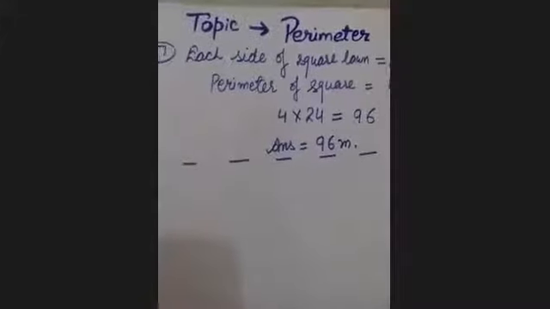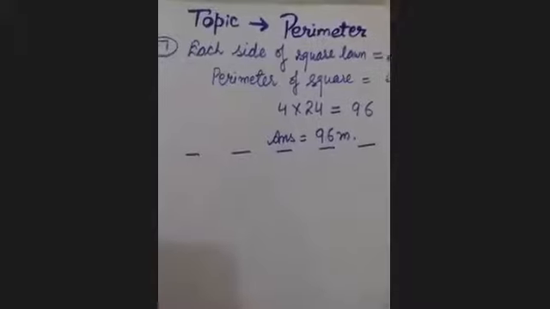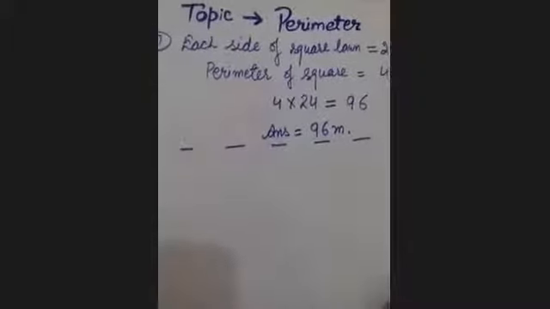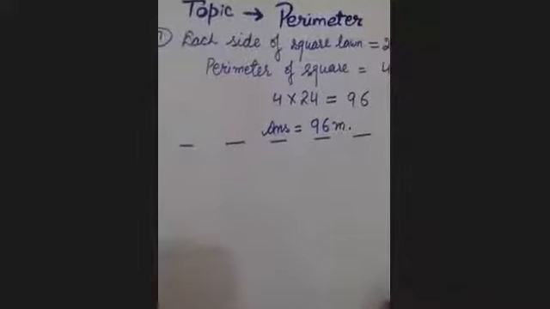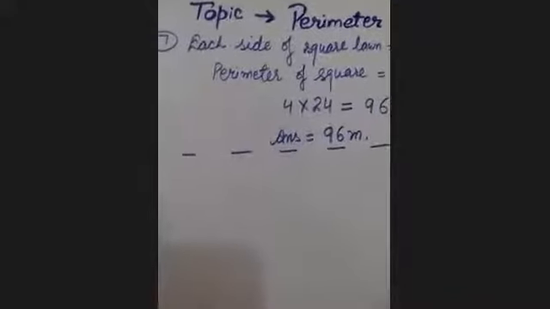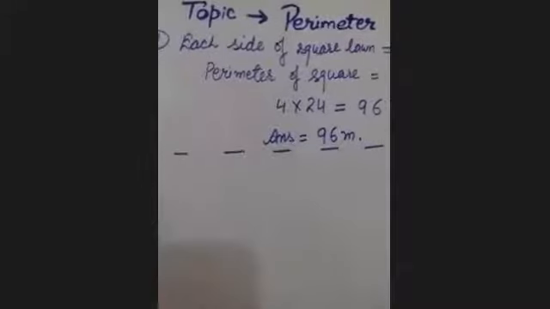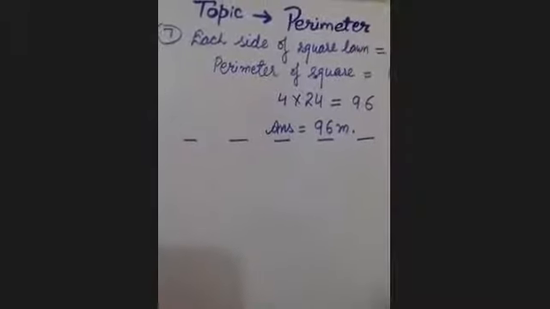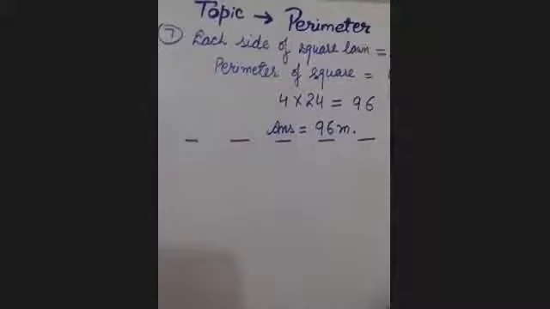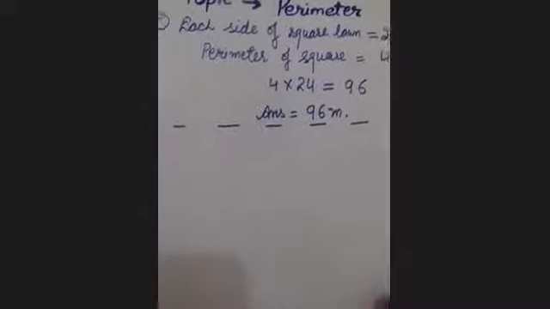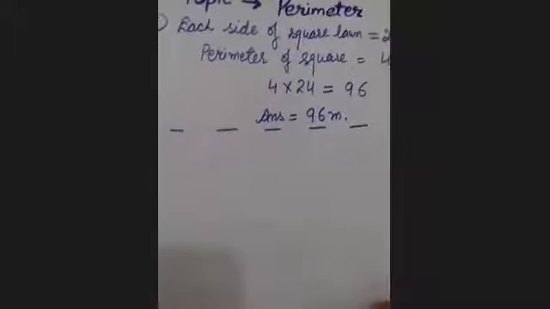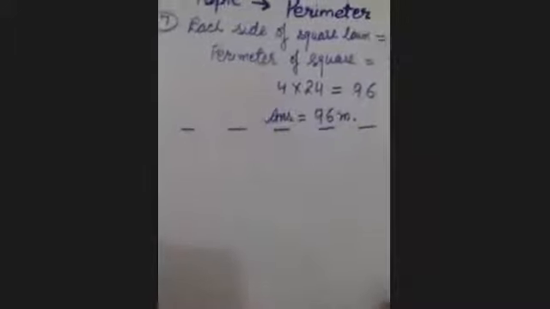Find the distance covered by him. Students, here is a park which is in a rectangular shape and length is 96 and breadth is 74. A boy runs 2 times around the park. First, friends, we will find the perimeter of this rectangular park, then the distance covered in 2 rounds.